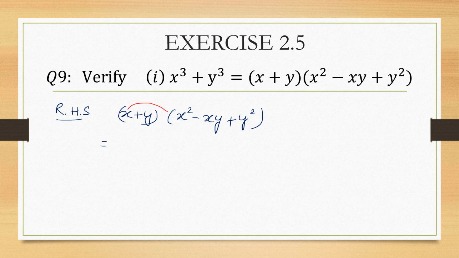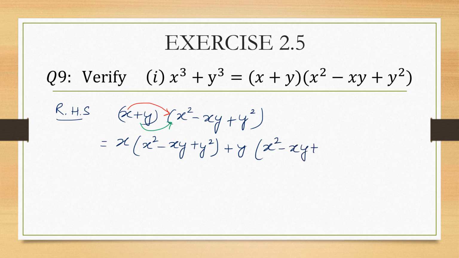Now this x will be multiplied by this full bracket. So I can write x square minus xy plus y square. Similarly, plus y will be multiplied by this bracket. So we will write plus y in bracket x square minus xy plus y square. So on opening the bracket, x will be multiplied by all these three terms, right?